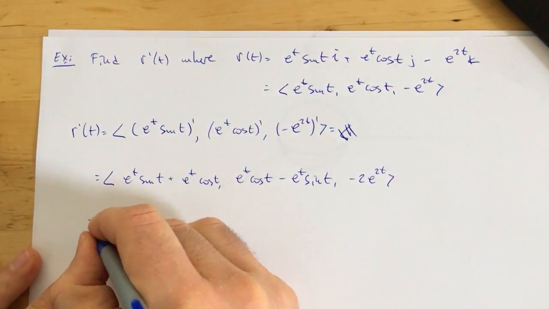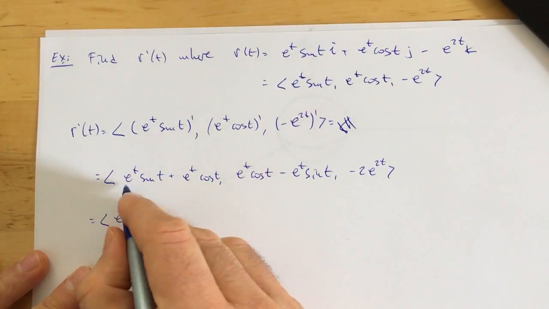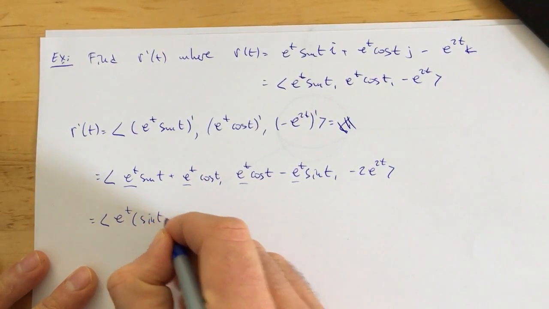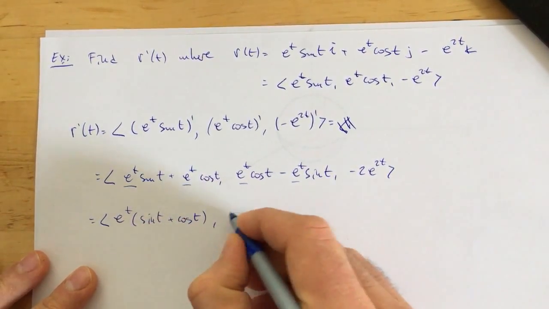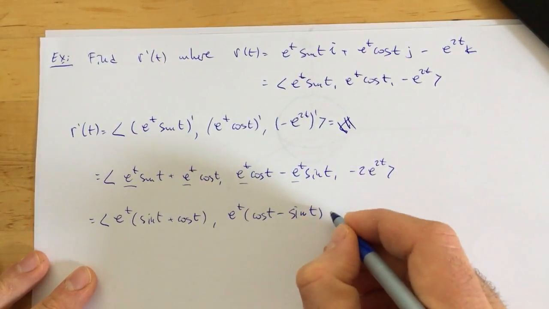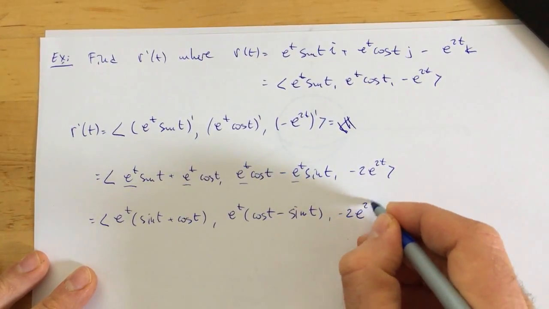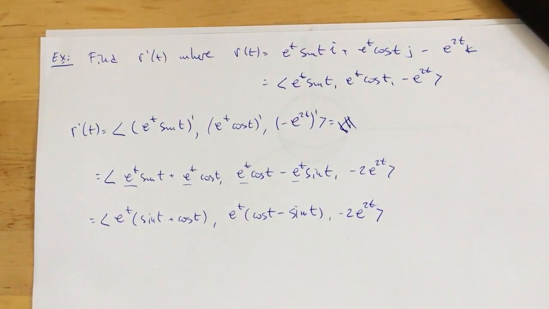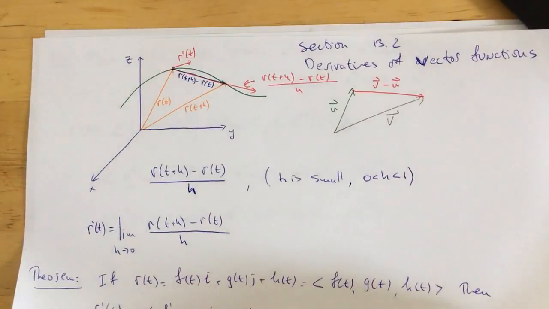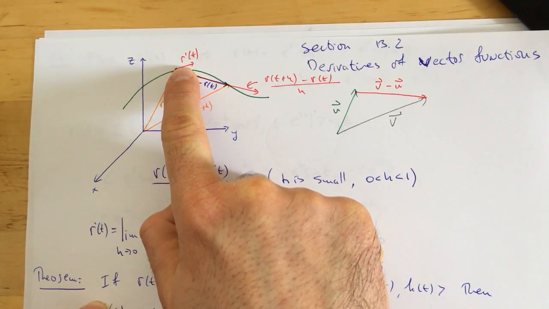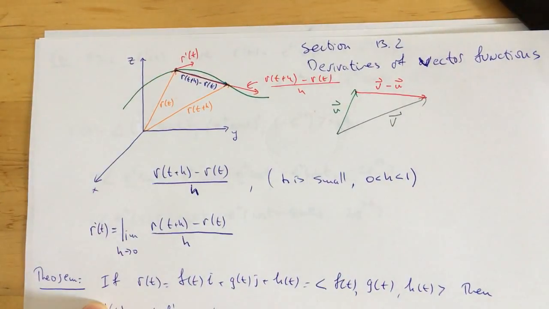Of course, you can rewrite this slightly in a better form by factoring e^t in the first two components: e^t (sine of t plus cosine of t), e^t (cosine of t minus sine of t), and negative 2 e^(2t). Okay, so again I'm going to come back to this picture here just to tell you what the derivative of the vector function gives us.